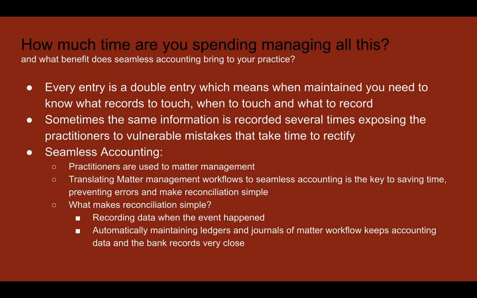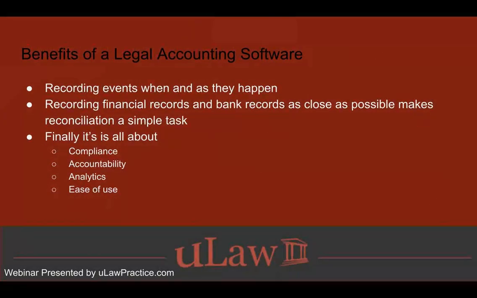So automatic ledgers and journals of the matter workflow keep accounting data and bank records very close. So accuracy is higher, time is saved, reconciliation is simple, and errors are prevented, which makes the overall workflow more seamless. And that's how you spend less time.